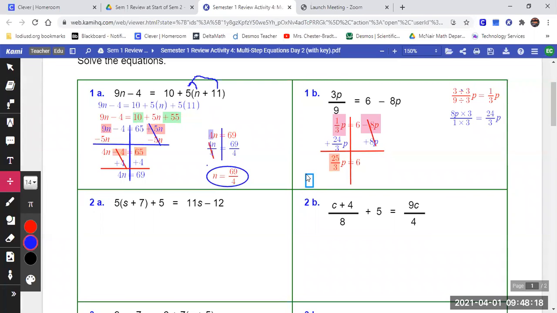So we're going to be multiplying a 3 over a 25 times that 25 over 3. P stays behind. And it's going to equal a 6 over 1 times a 3 over a 25. Because whatever we do on the left side, we have to do on the right side. We have to do both sides equally. Okay.